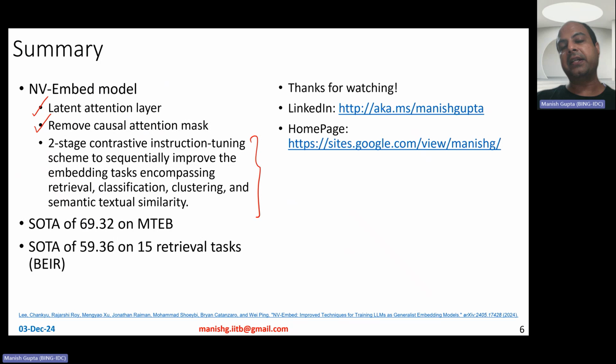The first one basically tries to train the model on retrieval tasks with in-batch negative sampling and manually created hard negative samples. But the second stage basically brings in these classification, clustering, semantic textual similarity tasks without any in-batch negative sampling, but with contrastive training. Right. This NV-Embed model is super important because it is state of the art on MTEB benchmark and also on the BEIR benchmark. Okay, so that's it for this video.